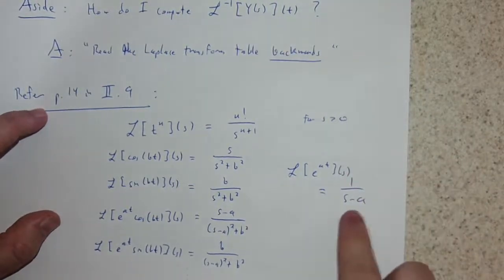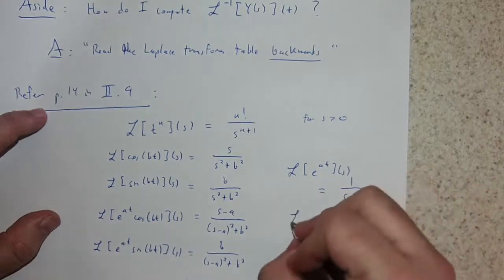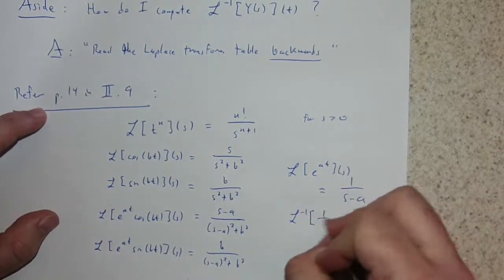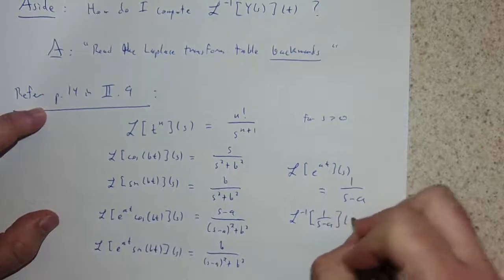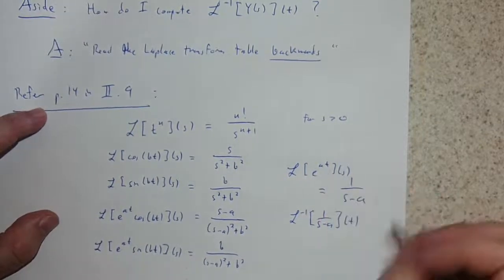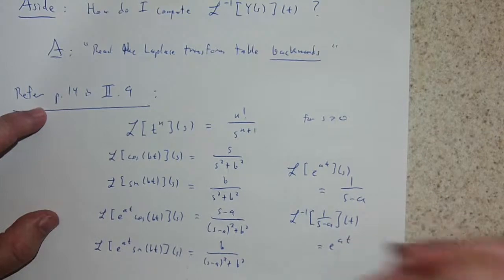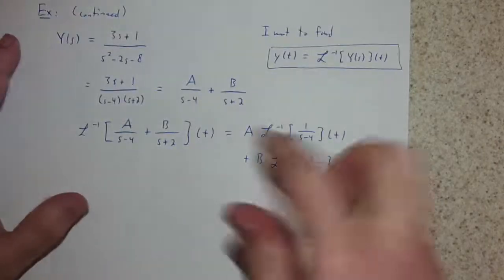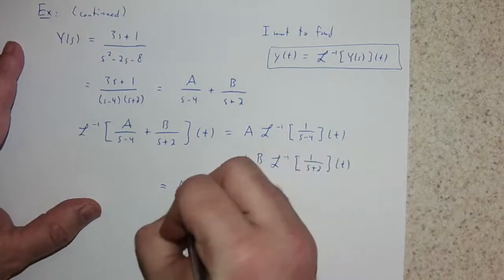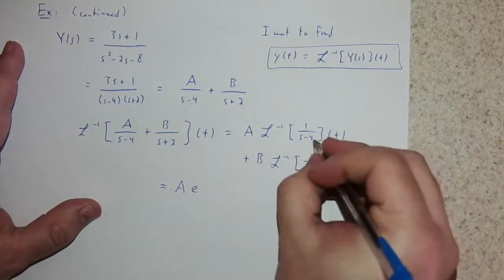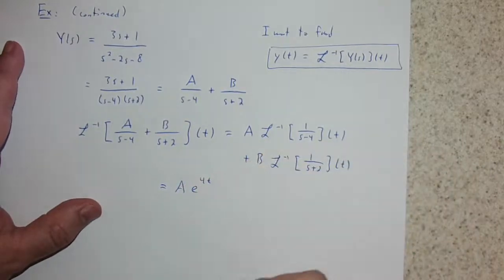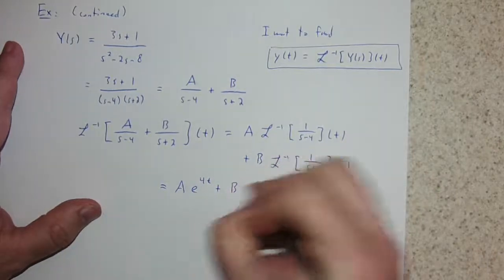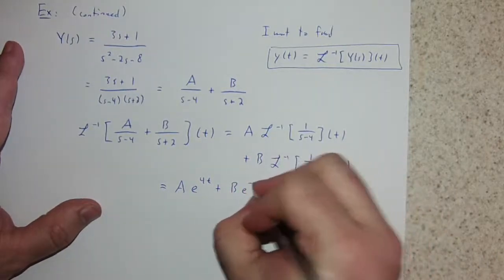So going backwards, the inverse Laplace transform of 1 over s minus a is e to the at. So this is A times e to the 4t plus B times e to the minus 2t.